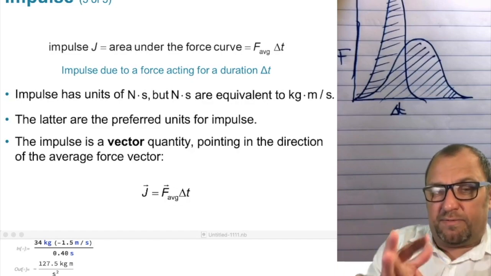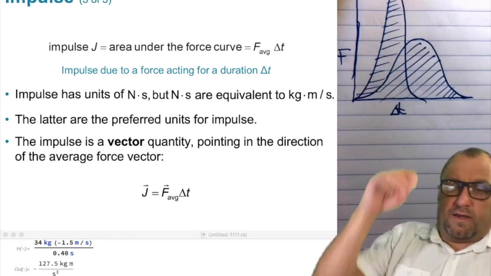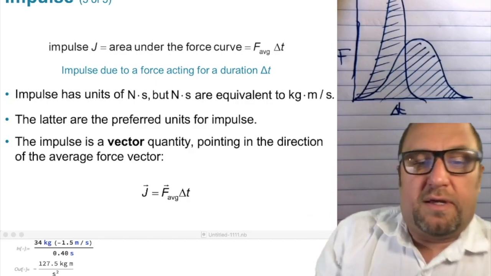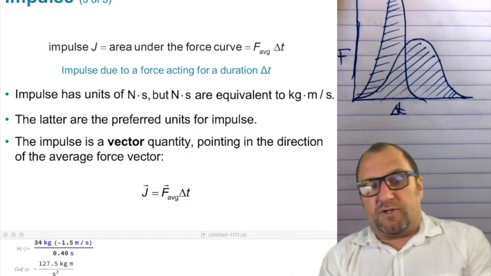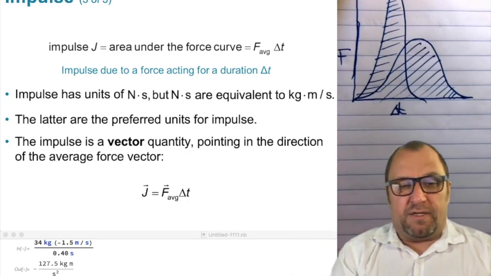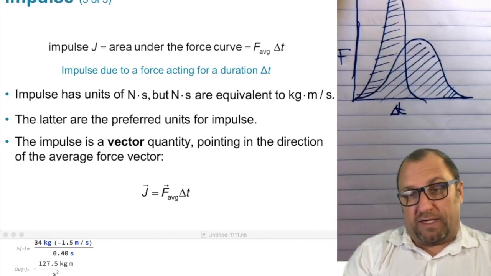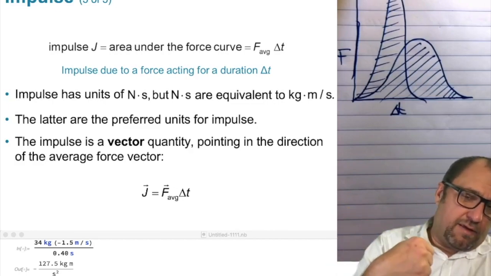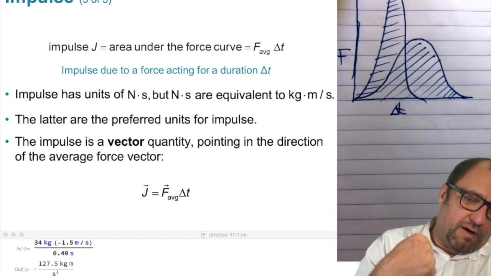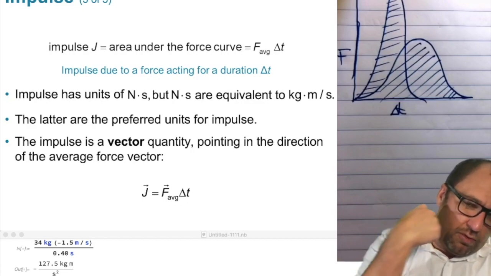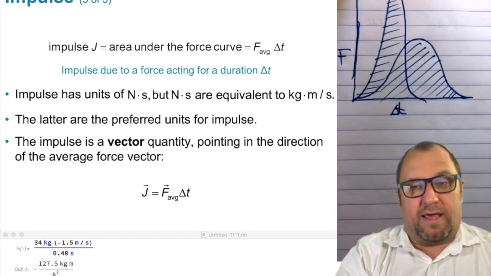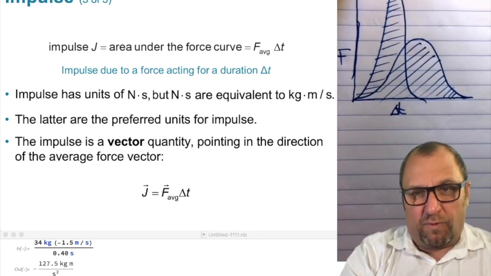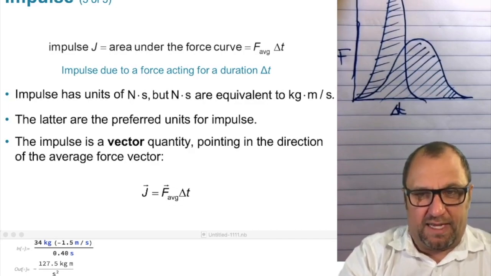So the latter are the preferred units of impulse, and impulse is a vector quantity pointing in the direction of the average force vector. So that's the force exerted on your face by the dashboard, and it's pointing away from the dashboard. It's putting force on your face.